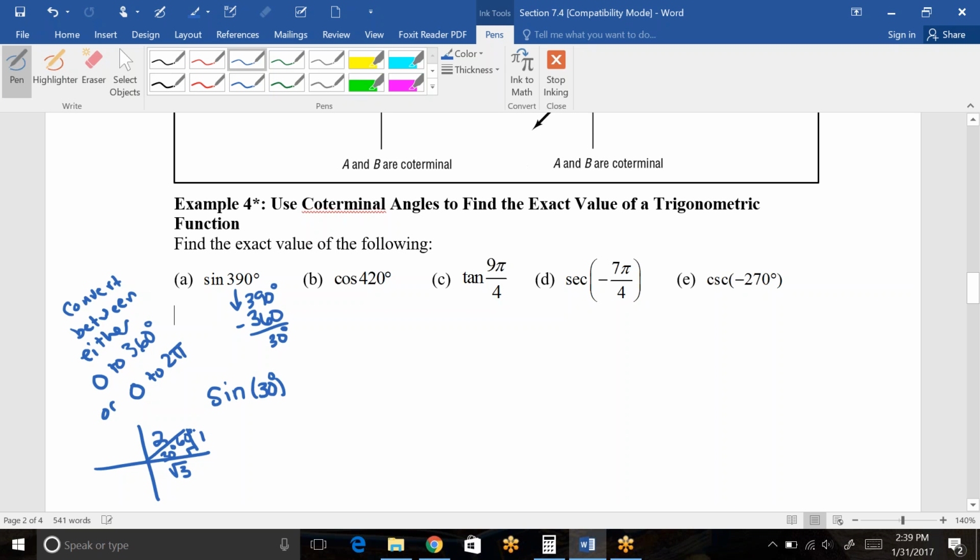And we did ask you to memorize what the ratios were for these reference angles of 30, 60, and 45. So sine of 30 is opposite over hypotenuse, so you can always draw the triangle, but you should memorize them. So that's 1 over 2. So that means that sine of 390 degrees, since those are coterminal angles, that means they end at the same location, is also 1/2.